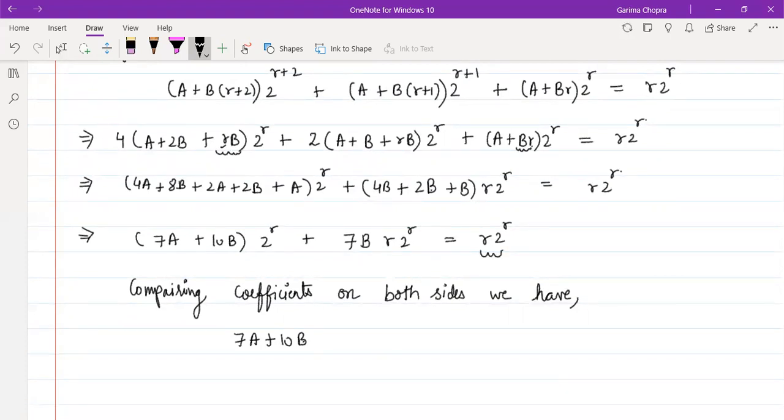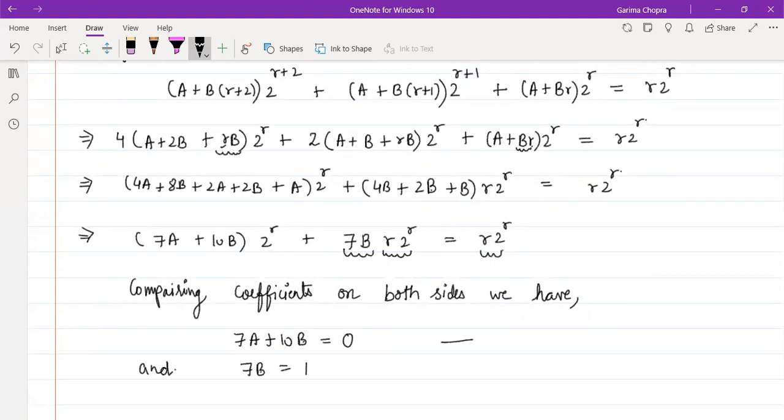So this 7a plus 10b will be equal to 0, and another equation which we will get is that this 7b is the coefficient of r 2 raised to power r. So on the right hand side, this coefficient is 1.